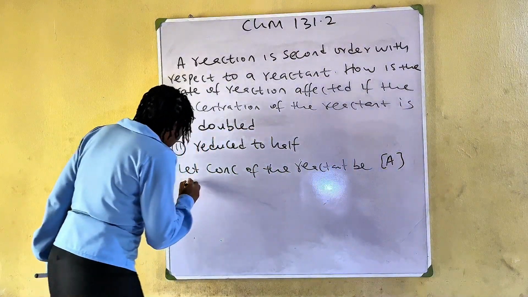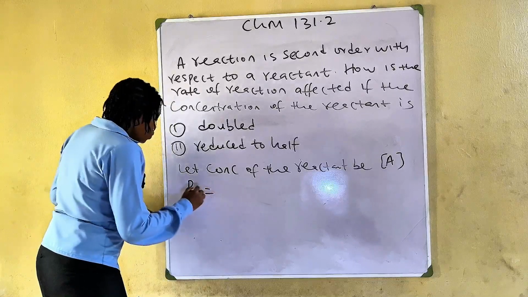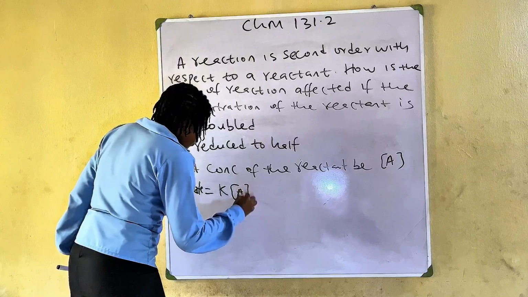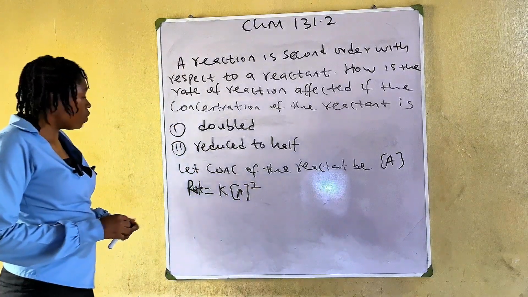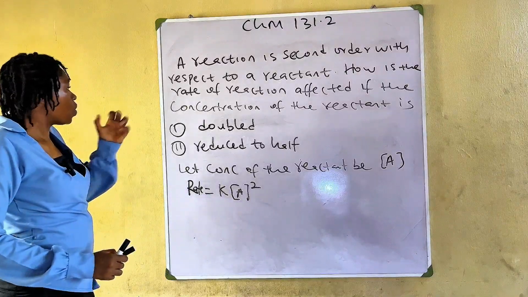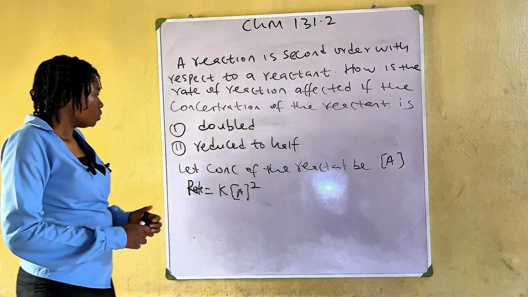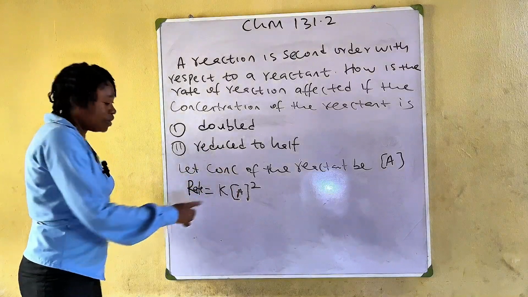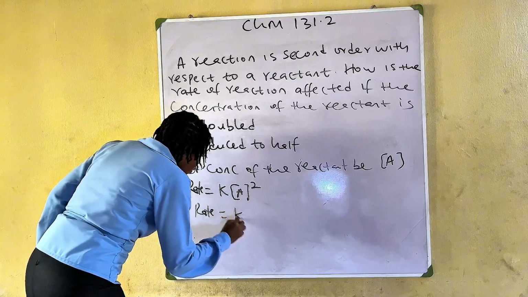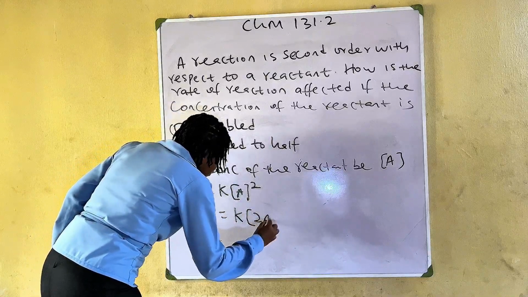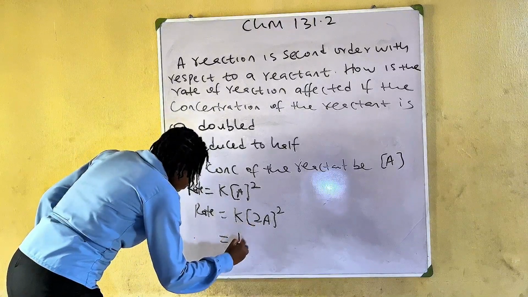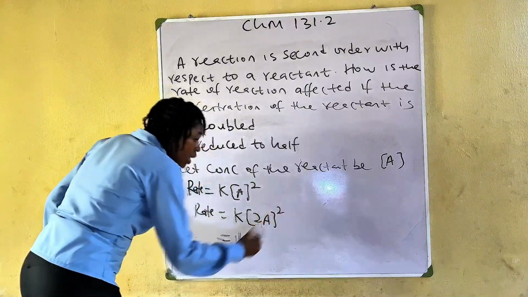Okay. So for a second order reaction, rate is equal to k[A] raised to power what? 2. So this is for a second order reaction. And we are told that if the concentration of the reactant is doubled, so that's 2 times the concentration of the reactant, rate is going to be k(2A) raised to power 2. So 2 squared is 4.